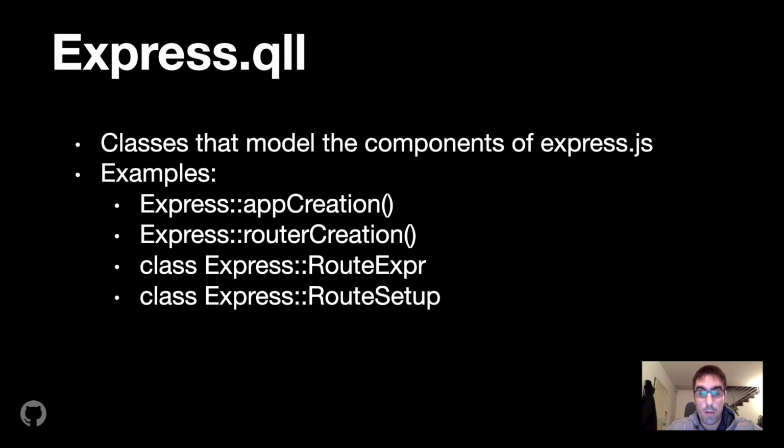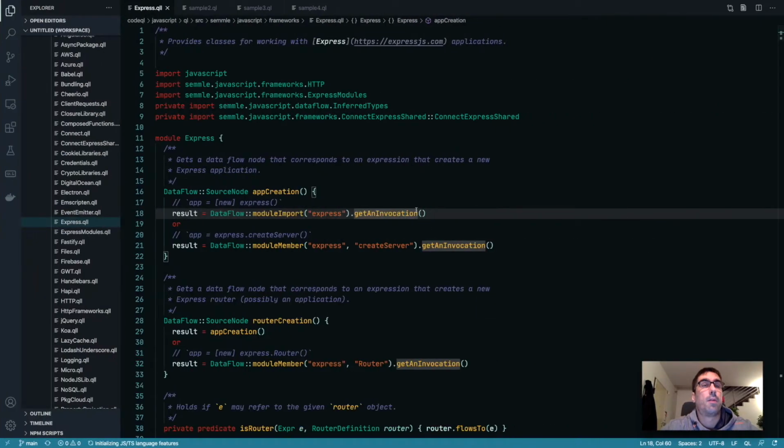This QL library implements these classes that will help us audit applications that use express.js. So we are going to go to express.qll in Visual Studio Code, and we are going to quickly take a look at it. I have the file already open.